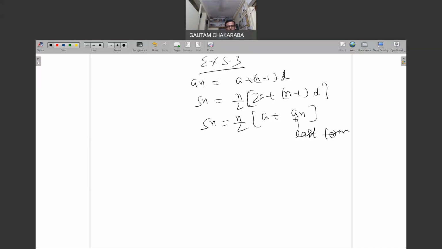So when the last term and first term are given, you can apply these identities. Otherwise, these universal identities, each and every question when first term, common difference and number of terms are given, you can also find it this way. Okay, now I start. Note the identities first, then I start the questions.